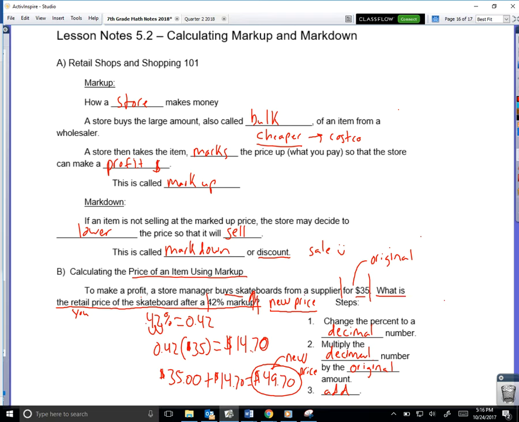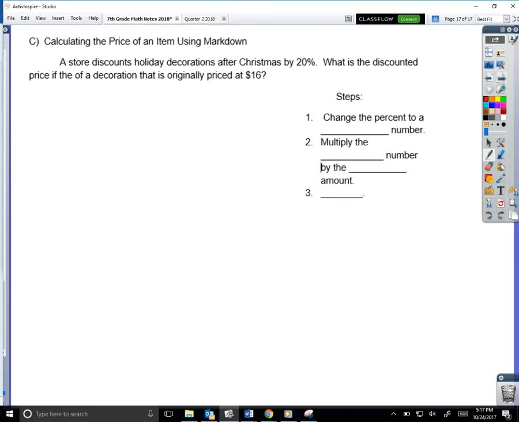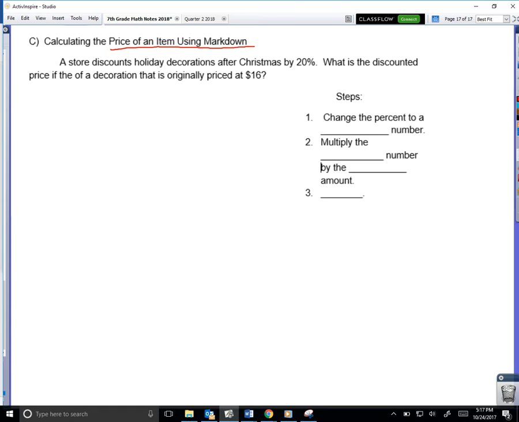Let's take a look at just doing the opposite if we need to calculate a markdown. Here's my story problem for you. We want to calculate the price of an item using a markdown. Here's our situation. A store discounts holiday decorations after Christmas by 20%.